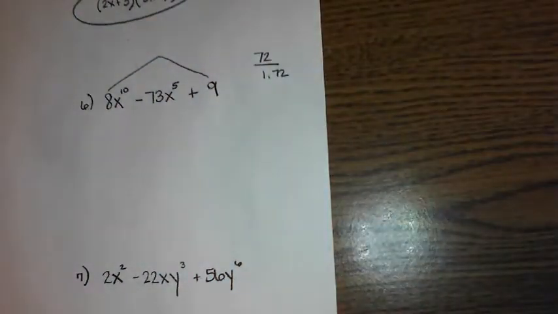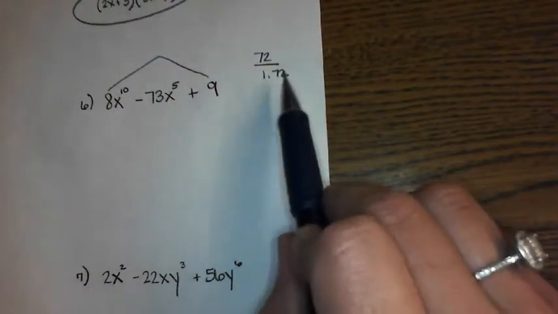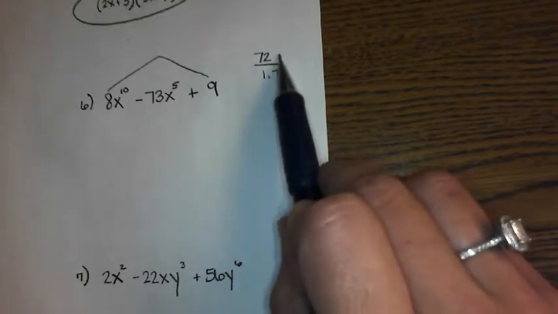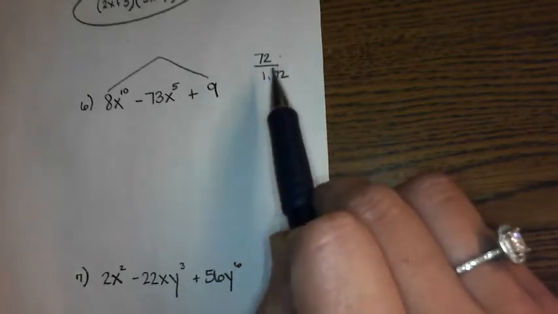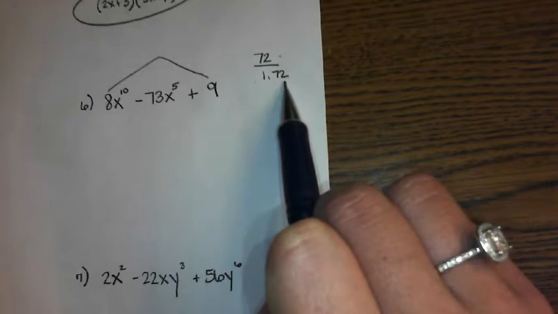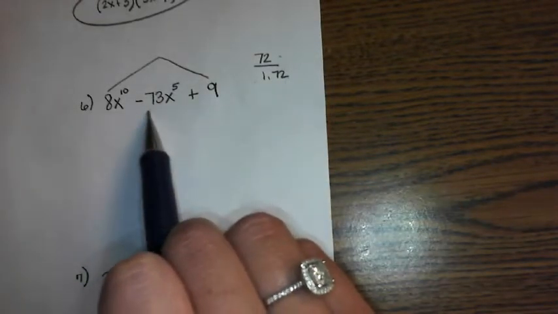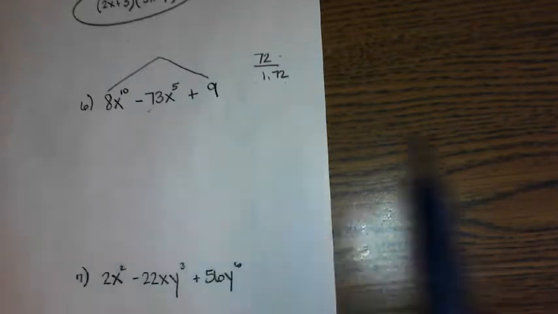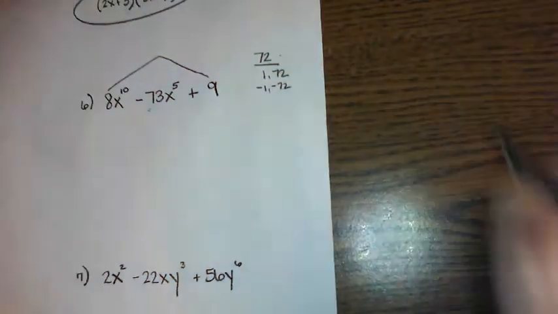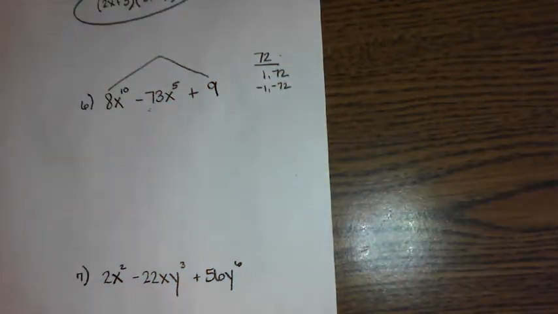Now, but be careful, because positive 1 and positive 72 does multiply to give me 72. But positive 1 and positive 72 actually combine to give me positive 73. I don't want positive 73. I want negative 73. So how do I adjust those numbers? Make them both negative. Negative 1 times negative 72, the double negative, will still multiply to give me a positive, but now will combine to give me a negative 73.